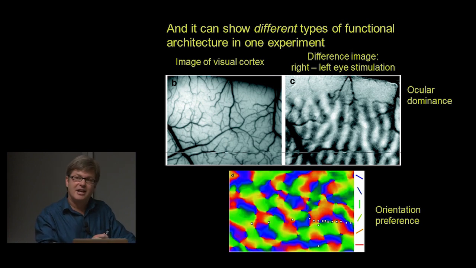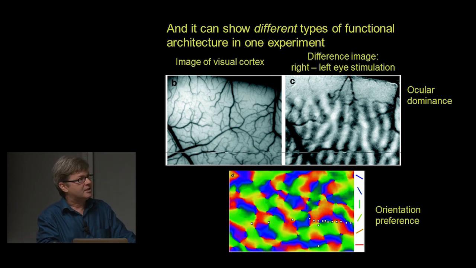And this actually answered a very pressing question in the field. We know we have a map for ocular dominance that looks like stripes, but there's another map going on in exactly the same part of brain. What's the relationship? How are these different types of vision mapped onto the same part of the brain?